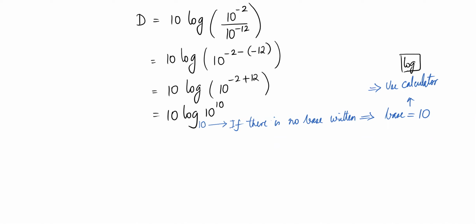Anyway, when I press the log button, it gives me log with open parentheses, so it already displays that. What you have to do is enter 10, then the power button, and the 10. That's what you will do, and then hit enter. That answer comes out to be 10. There's already a 10 outside, but this answer actually comes out to be a 10. So 10 times 10 is 100. So D is 100 dB, decibels.